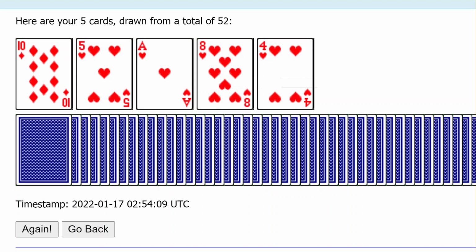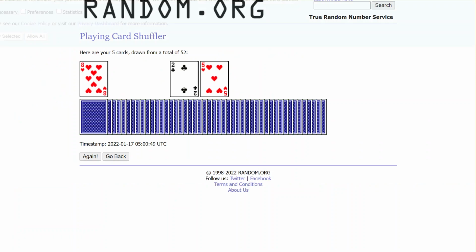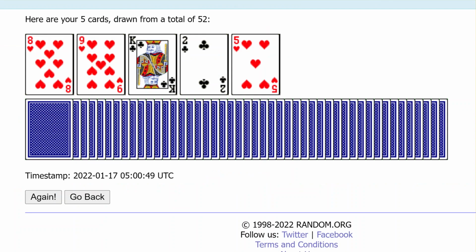Now, just so we can visualize this, let me deal again. And this is my new hand of cards. So I see I have a 8 of hearts, 9 of hearts, king of clubs, 2 of clubs, 5 of clubs. Again, once these 5 cards are in my hand, if I switch their order internally in my hand, changing the order does not change the 5 cards that I still hold.